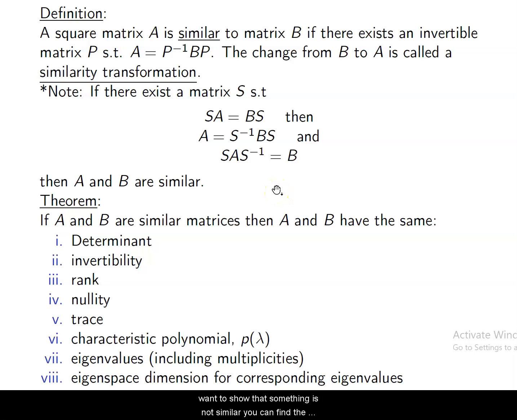However, if you want to show that something is not similar, you can find the determinant of one and the determinant of the other and show that they're not equal, so they're not similar. You cannot say, hey, determinant of A equals determinant of B, so they are similar. That's not enough. You could show all of these things are the same, and I would be okay with that.